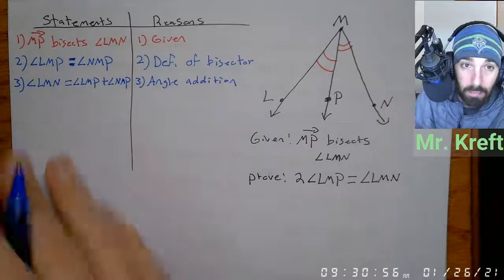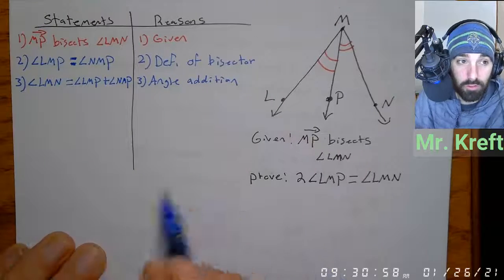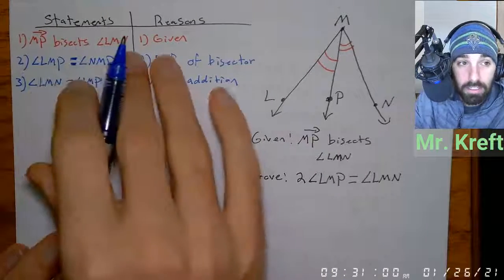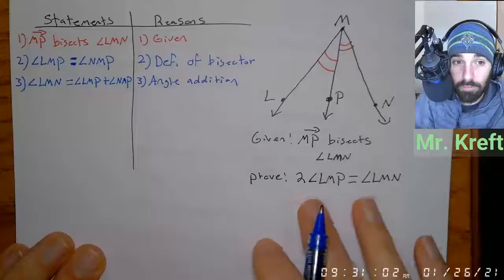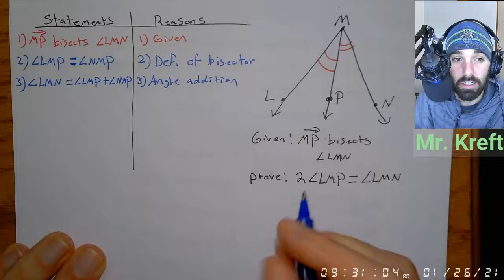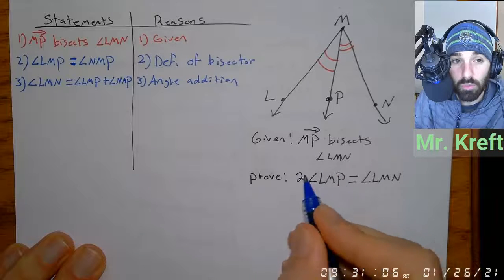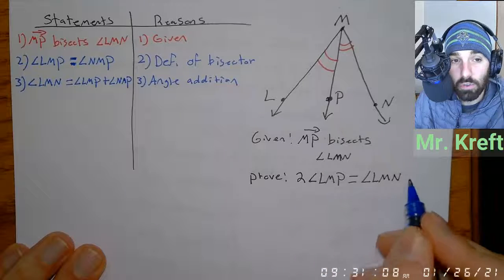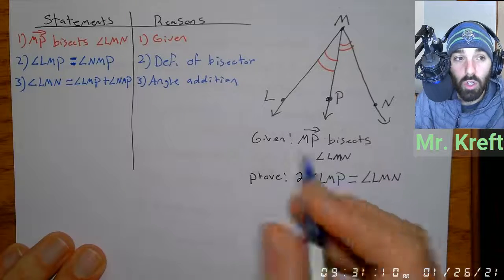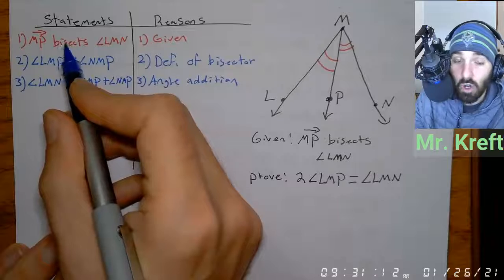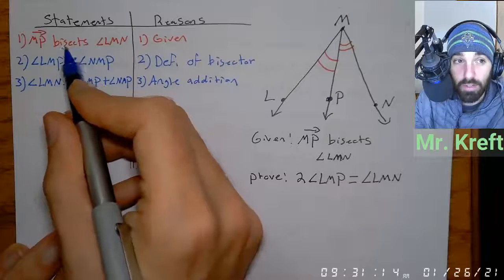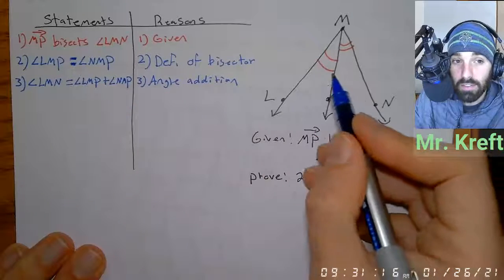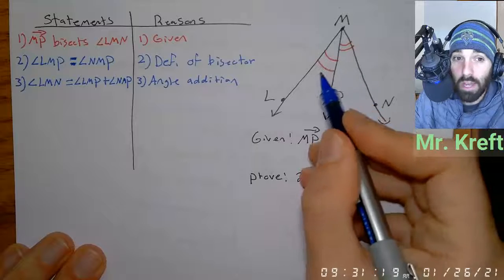Okay? So again, I'm going to recap everything I just said. So I started out with my given. Remember, this is my end, right? So I'm reverse engineering. I know I needed an equation with LMP and I needed an equation with LMN. Well, using the given, and you're almost always going to use the given, I started out with bisect. Bisect means cut into half. So there's going to be two halves, right?